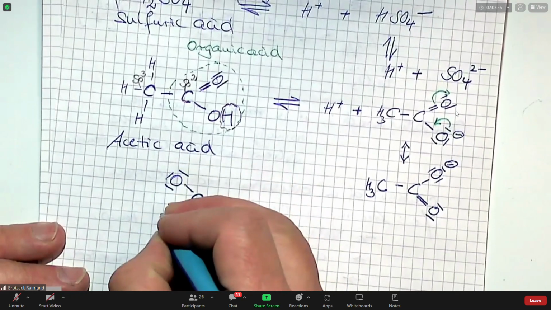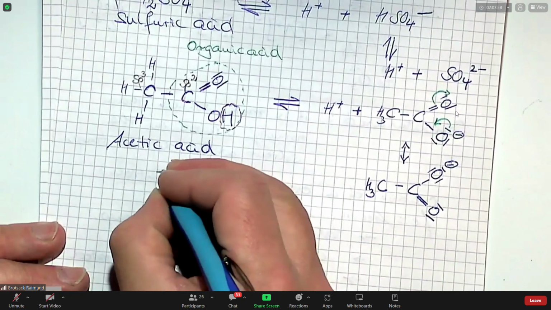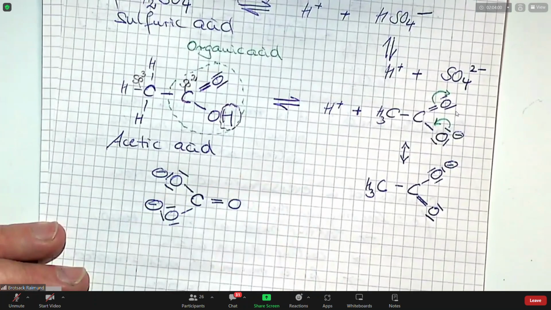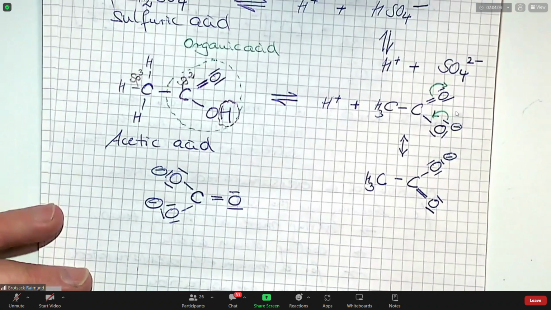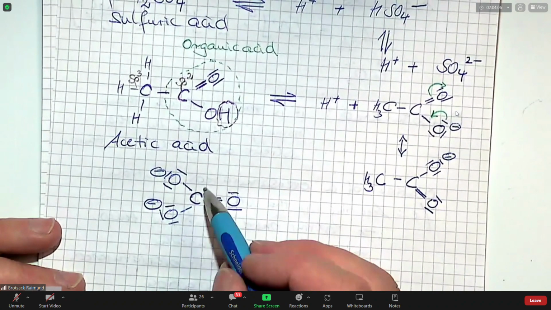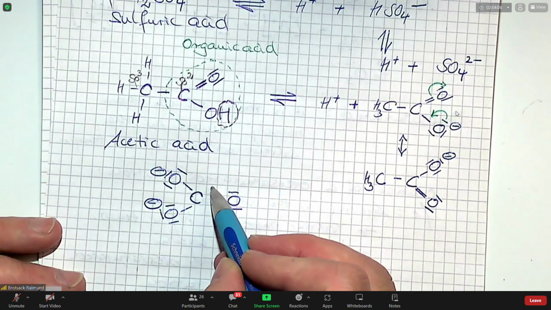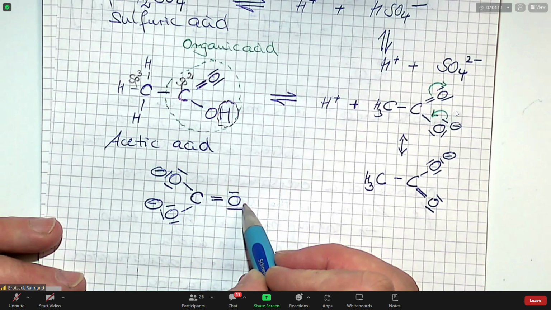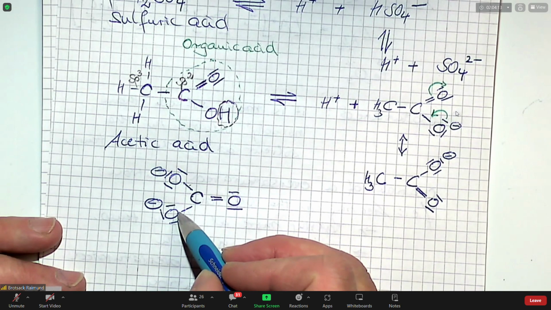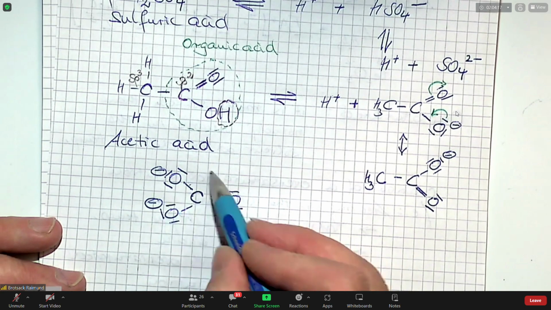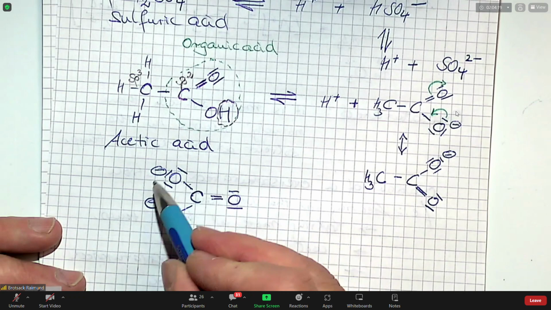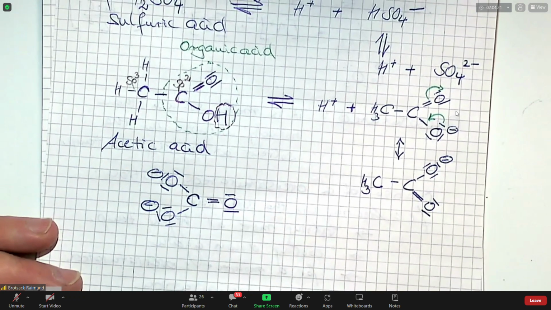The carbonate anion, we have 2 minus. And here we have even more options. It can be jumping over here, and then you have the negative part here, the double bond here, and it can even come here. So the negative charge can be delocalized over all 3 oxygen atoms.